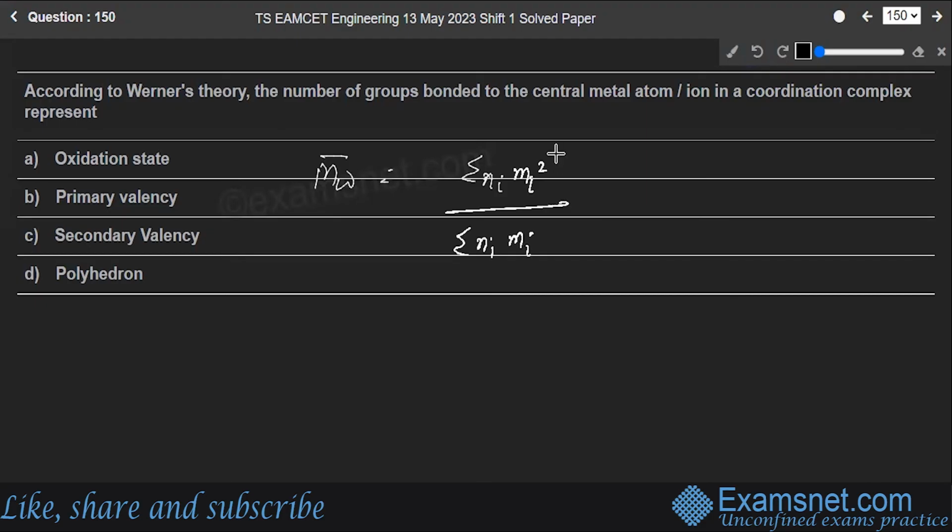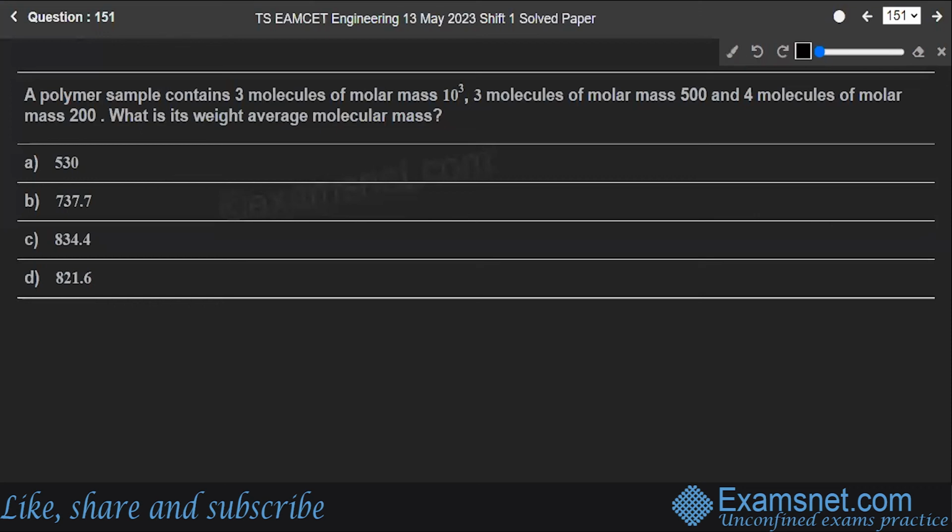So let's go for that because I have all the data: one polymer containing 3 molecules of molar mass 10 power 3, 3 molecules of molar mass 500, 4 molecules of molar mass 200.